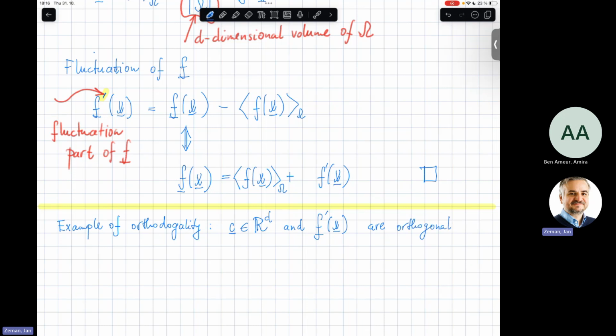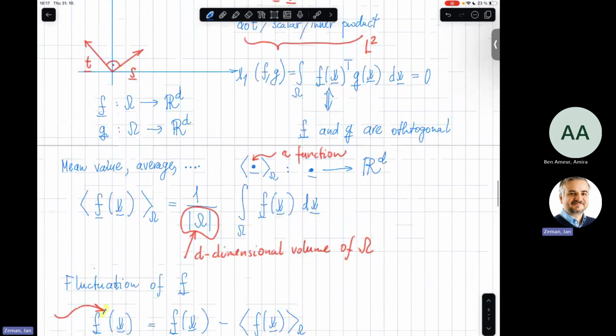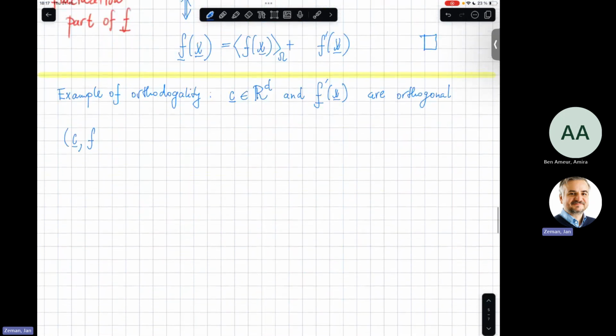And the argument proceeds as follows. What I would like to investigate in particular is that I will compute this inner or scalar product between these two functions, and I should do it consistently with the remaining notation. So here I have it correct.